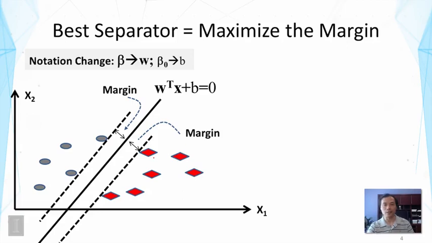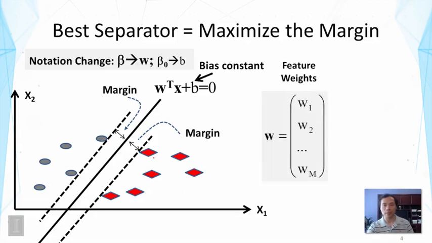And the data instance is still represented as x. I also use the vector form of multiplication here, so we see the transpose of the w vector multiplied by the feature vector. So b is a bias constant, and w is a set of weights.